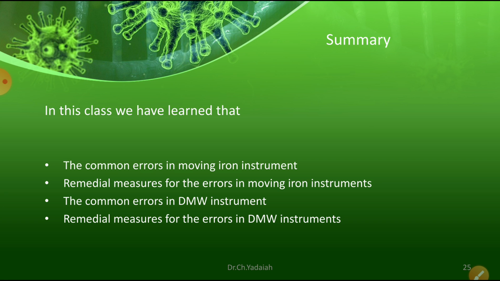Frictional error can be reduced by light weight construction on the spindle. And aging of these moving coil instruments can be reduced by changing the springs and the U-shaped magnet after a long period, and recalibrating once again.